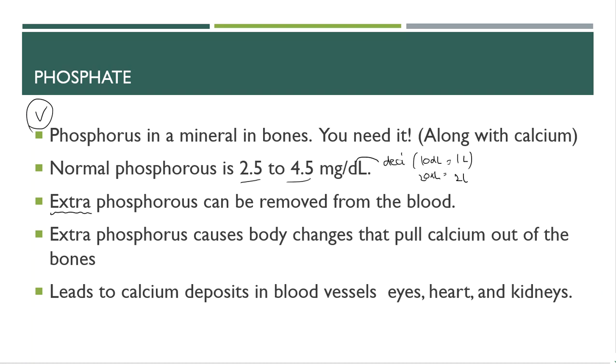Next, extra phosphorus will cause your body to change. And it could, for some people, lead to what we call leaching of the calcium. So if your body detects that there's extra phosphorus, it really does like to go through an equilibrium phase.